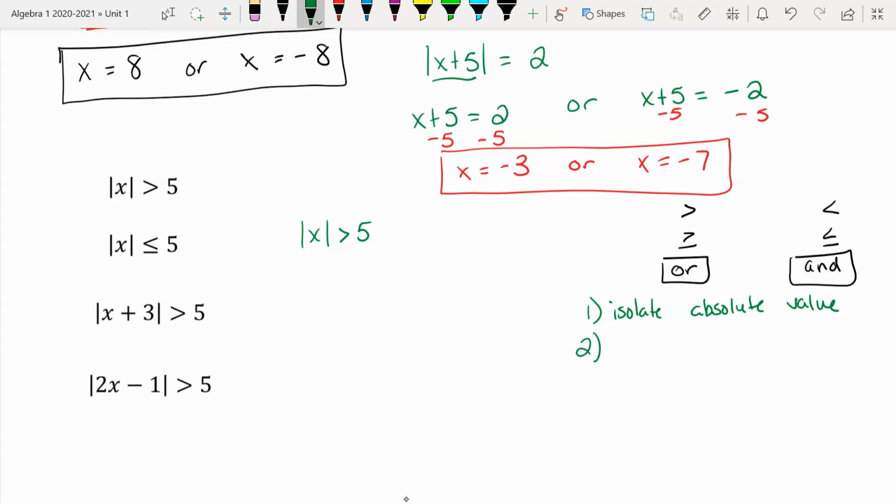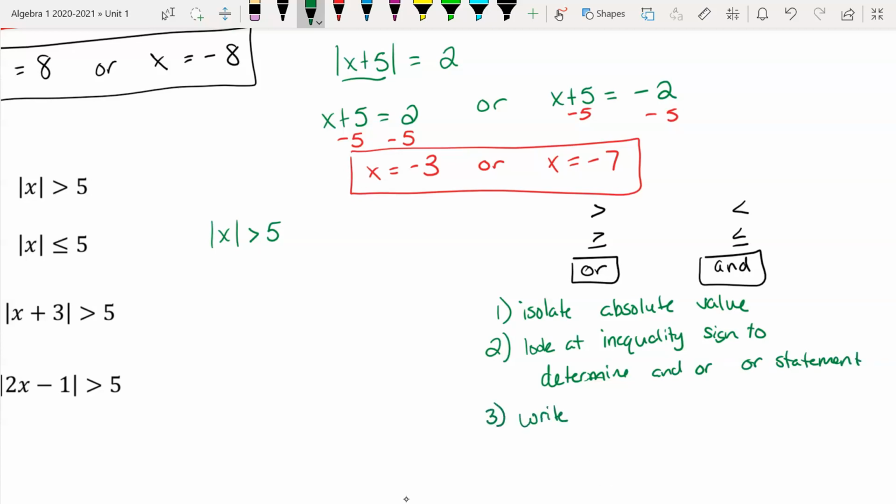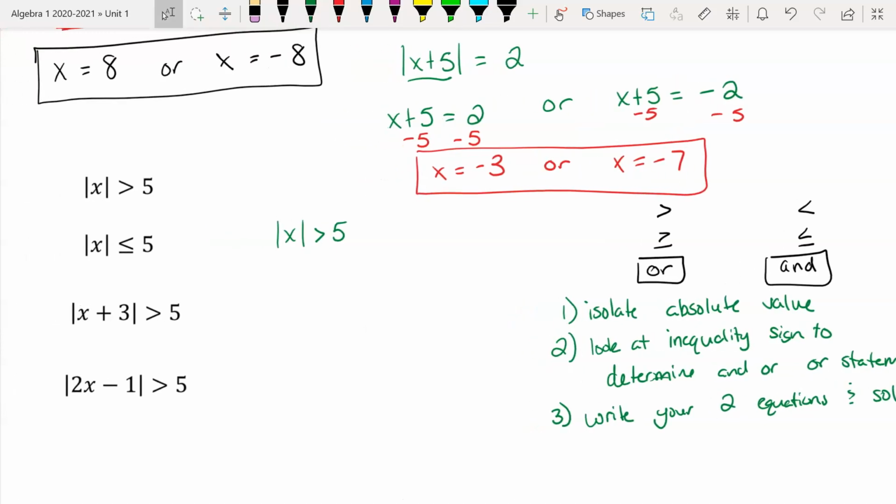Step 2, you want to look at the inequality sign to determine the and or or statement. Then your last step would be to write your two equations and solve.